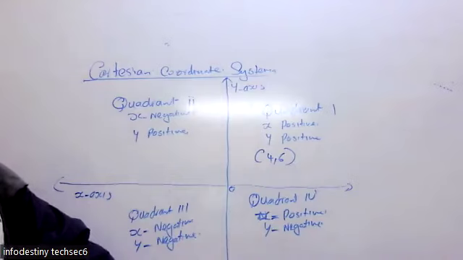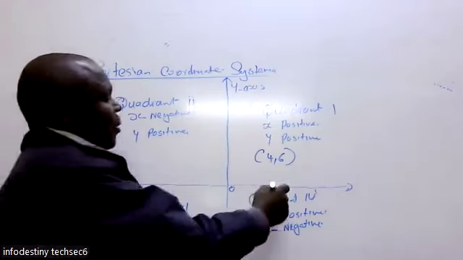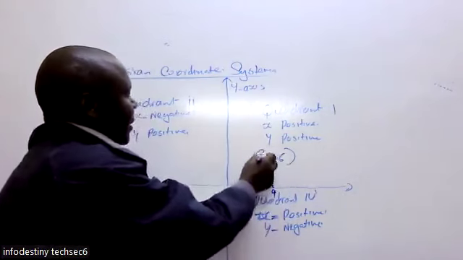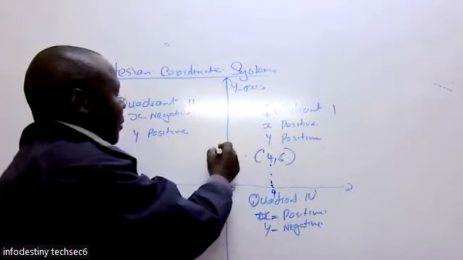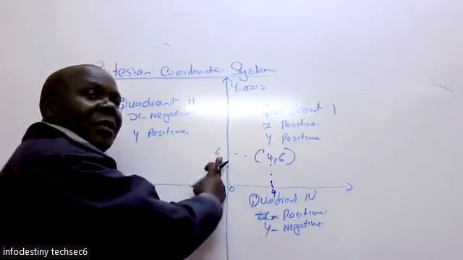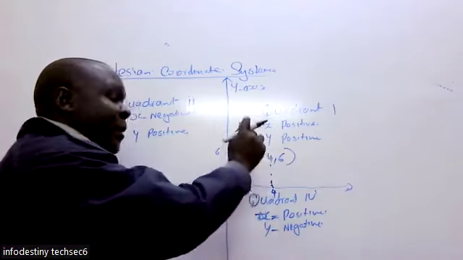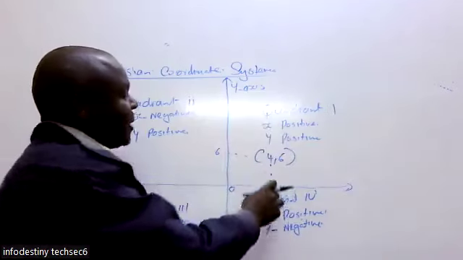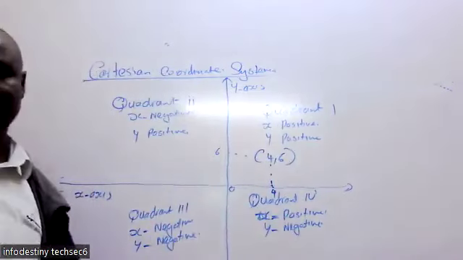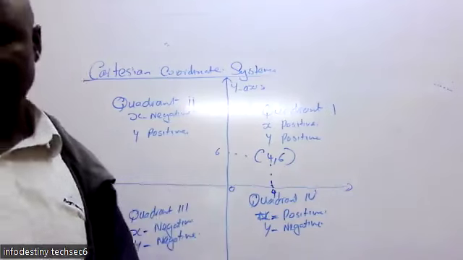Now, when you find any value like this one, this means that we have 4, and then you are going to have 6. Are you getting the point? It means X is going to be 4, and Y is going to be what? 6. So always the first value will represent the X axis, while the second value will represent the Y axis. Now, I just wanted only that example, so you can continue.